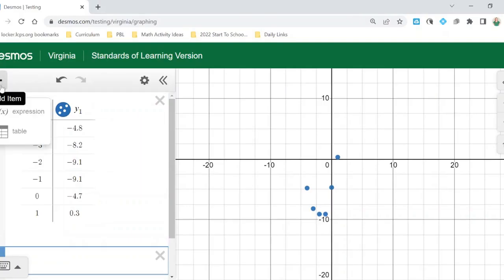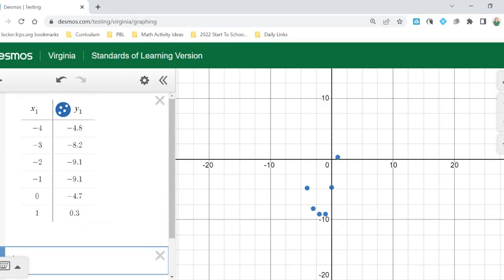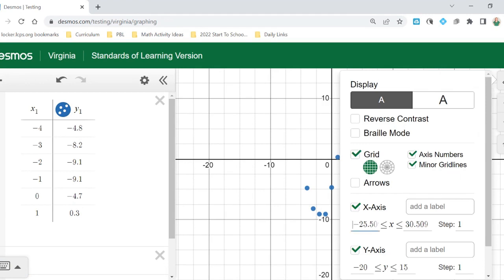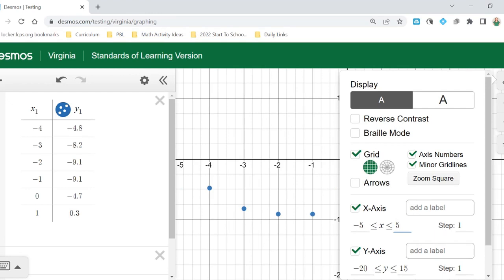Alrighty, remember to get a table, you hit the plus icon and put in table. And then I typed in my X values in order from left to right, and then my Y values in the second column in order from left to right. Remember, we can hit the wrench to adjust our axis. As you see, my X values range from -4 to 1. So I can do like -5 to 5 to really see all my data points.